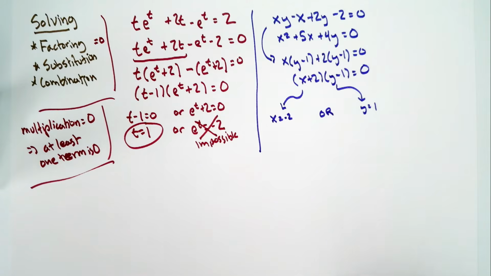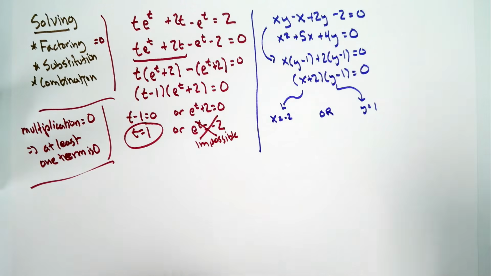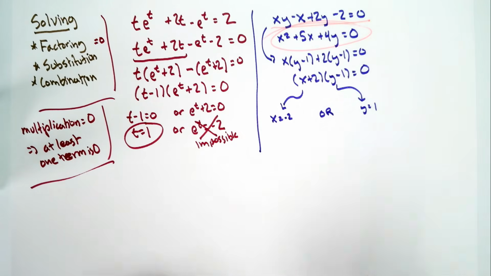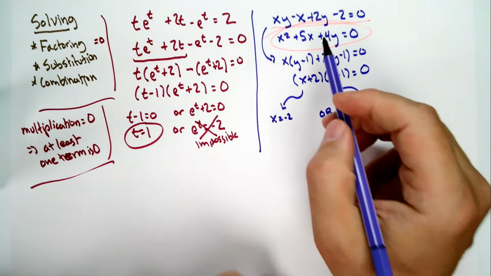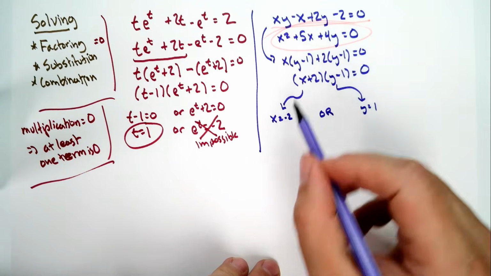So what do we do now? Well, we say, hey, wait a second. We only used one equation. We have this other equation here we haven't touched yet. So what we do is we now plug in our possibilities. So suppose we plug in x equals negative 2.